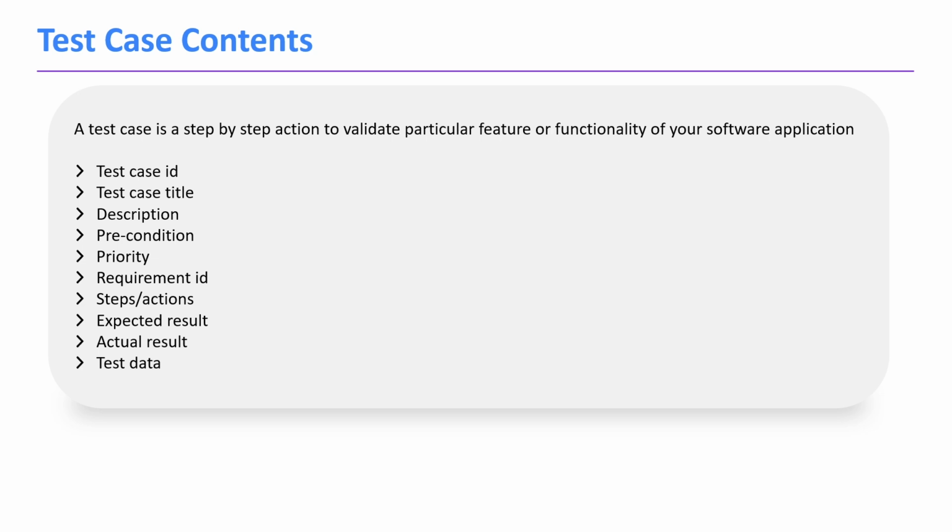So at the time of execution of your test cases, how your application is behaving, how your application is giving output based on your action. So that is your actual result.